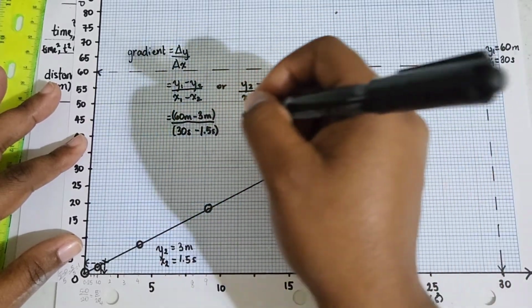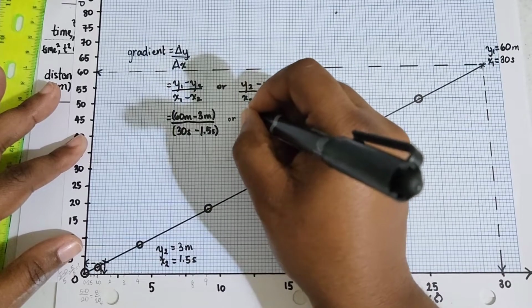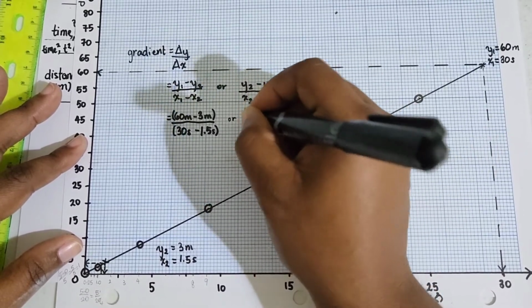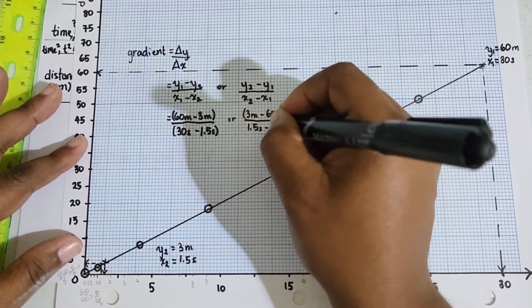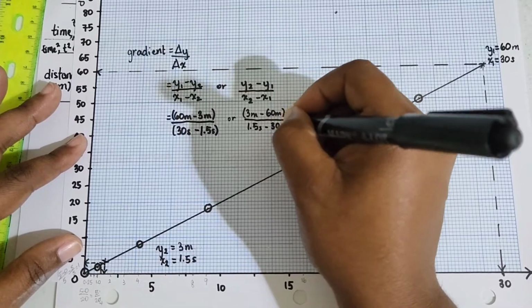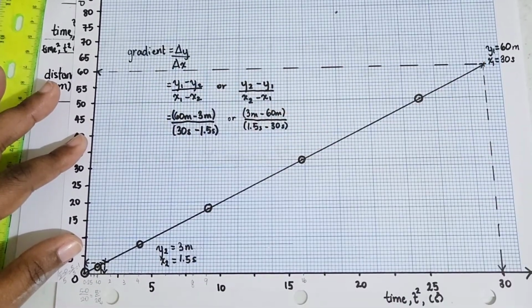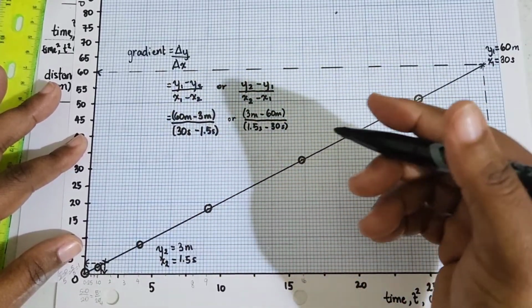All right, so once we have this, if you do it this way, you would have 3 m minus 60 m, and this would be 1.5 seconds minus 30 seconds. With this one, you're in negative numbers, but they're going to eventually become positive, because the top and bottom numbers will be negative.